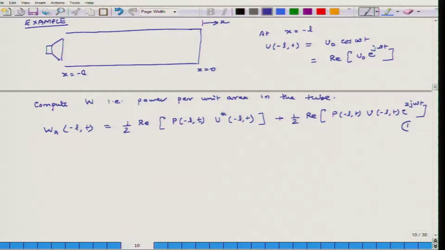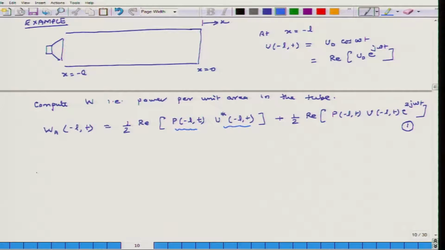Let us call this equation 1, and if we are able to calculate all these individual terms, P at minus L, the complex conjugate of the velocity amplitude at minus L, and so on, then we can calculate the expression for W.